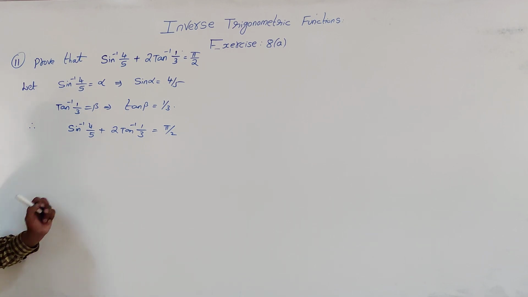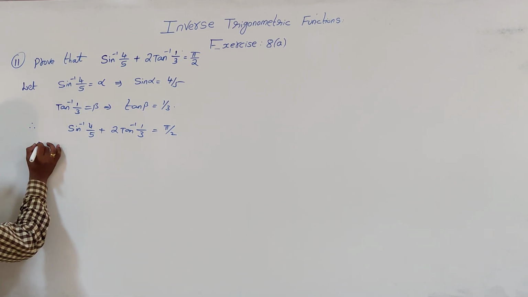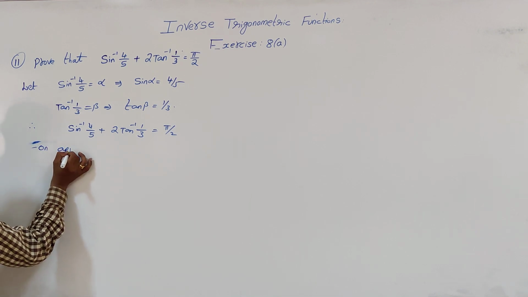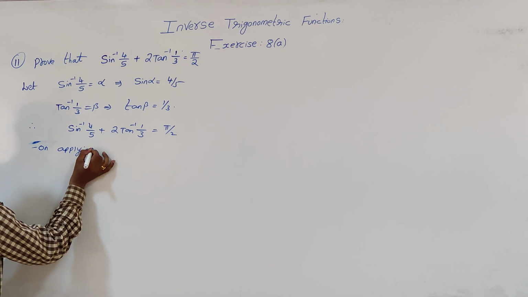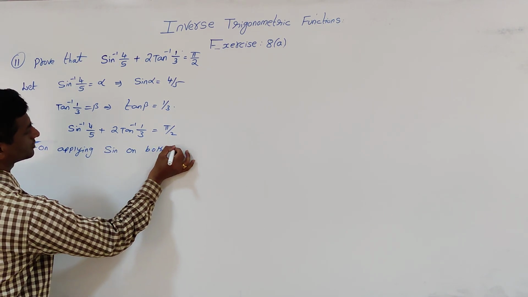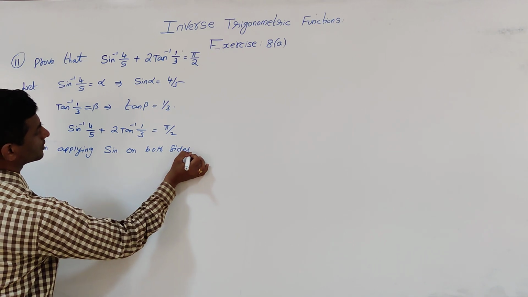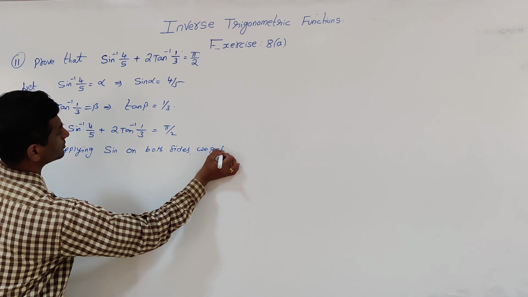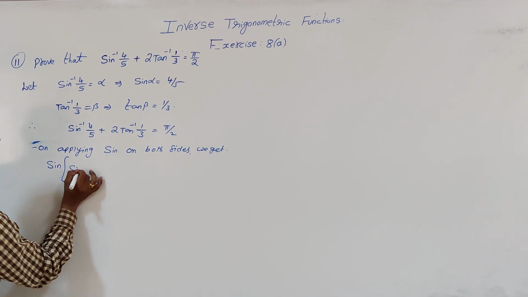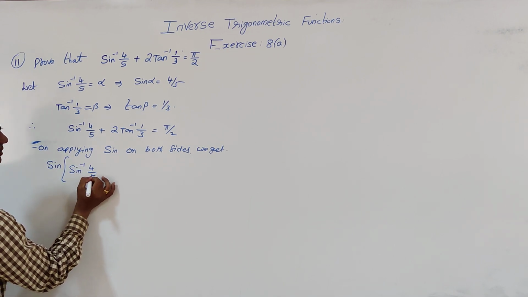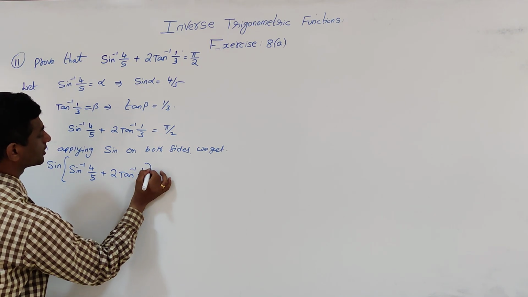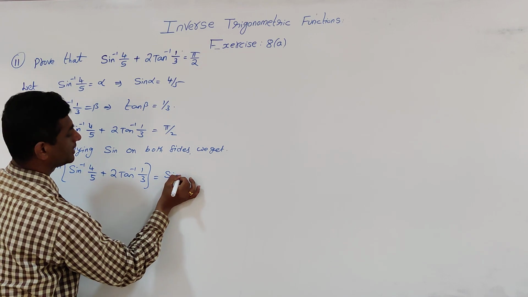So instead of that, applying sine on both sides, we get sine of (sin inverse of 4/5 plus 2 tan inverse of 1/3) is equal to sine pi by 2.